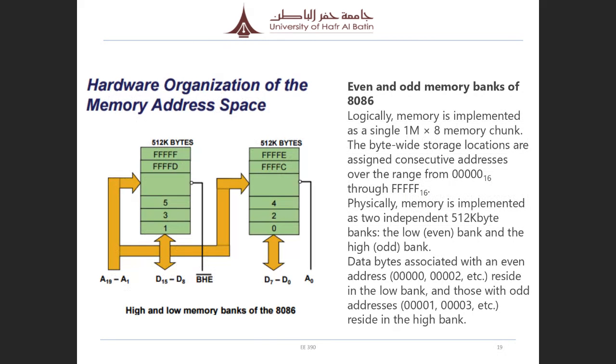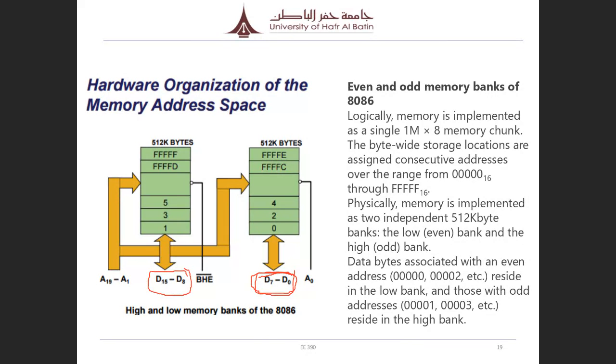Okay, so look here. Another thing you can see is that the data bus is 16-bit. The lower 8 bits, D0 to D7, are connected to the even address memory bank, and D8 to D15, the higher 8 bits of the data bus, are connected to the odd address memory bank.